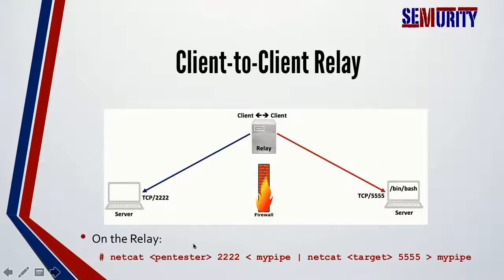Again, as you can see here, netcat as a client connecting to the penetration testing machine on 2222, and over here netcat connecting to the target on port 5555. So in this situation, we need to set up a netcat server on our machine and on the target machine, and then run netcat as a relay on the relay system.